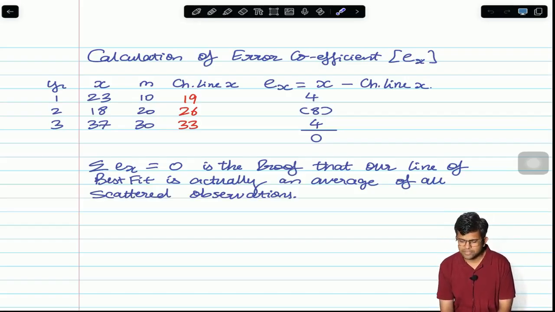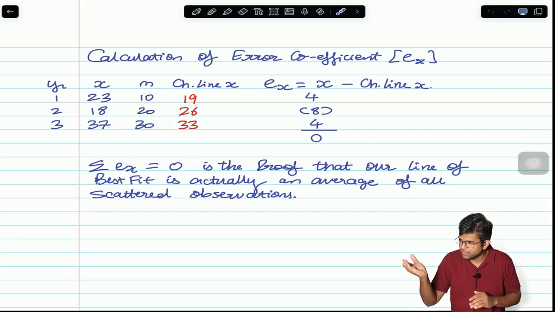Summation of this error being 0 is the proof that our line of best fit is actually an average of all scattered observations. It cuts everything in the center. So plus and minus deviations become 0.